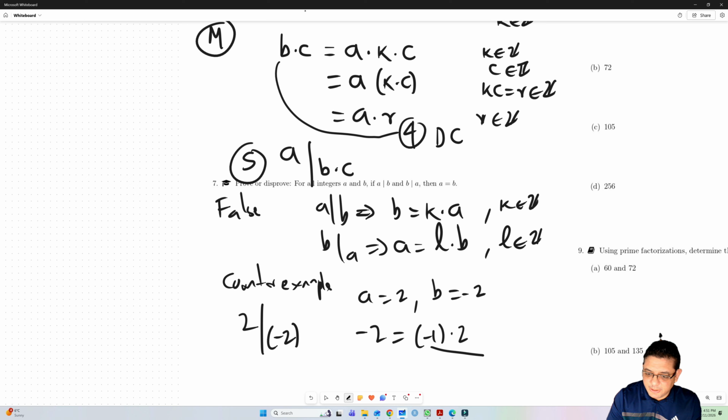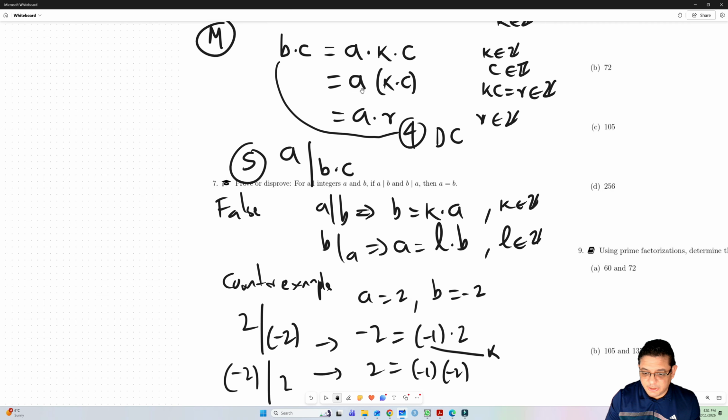So this will be my k, right? However, they're not the same. So you also have that minus 2 divides 2, in particular, because 2 can be seen as minus 1 times minus 2. So you can use even the same k for both. But although you see the divisibility relationship, they're not the same number.